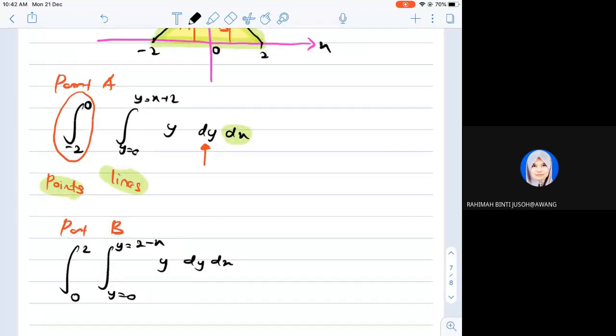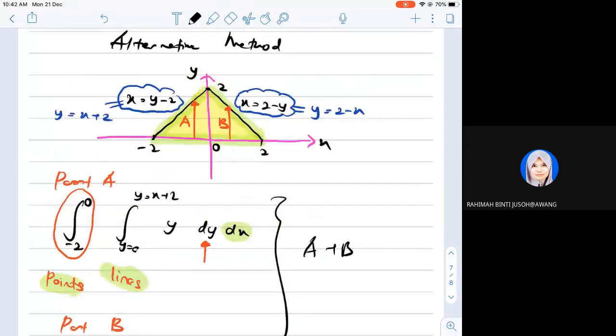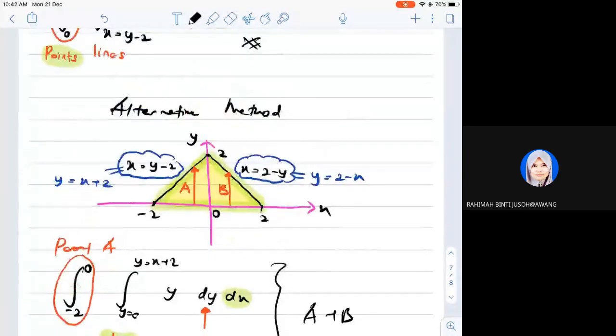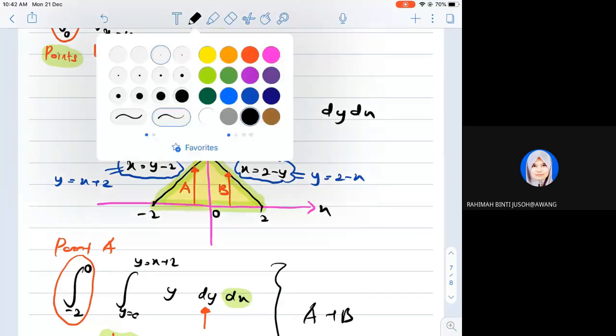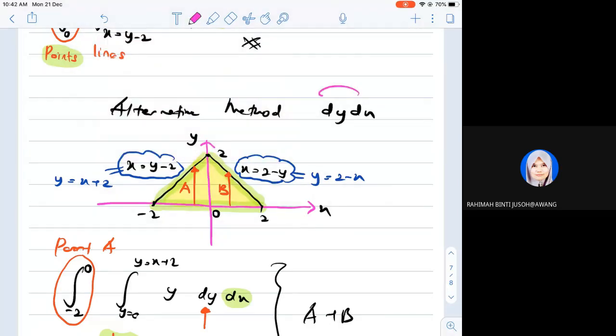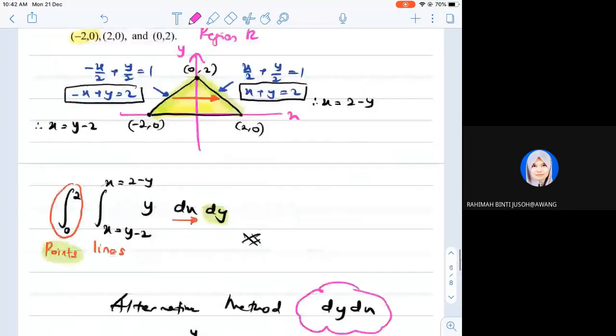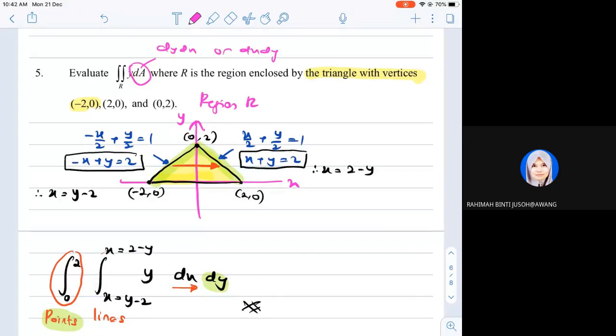The difference is you have to combine A plus B to get the correct integration if you choose dy dx. The alternative method is dy dx, and the first method is dx dy.